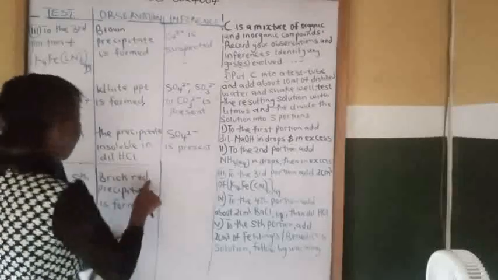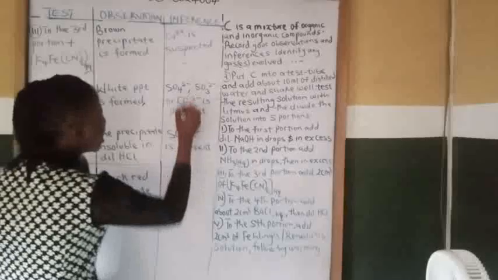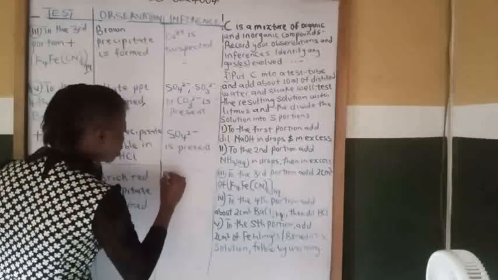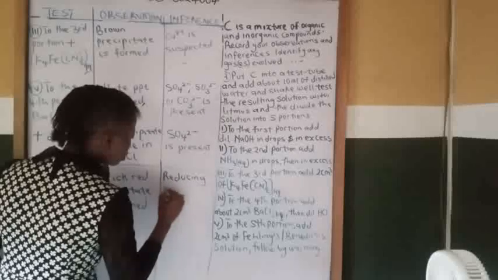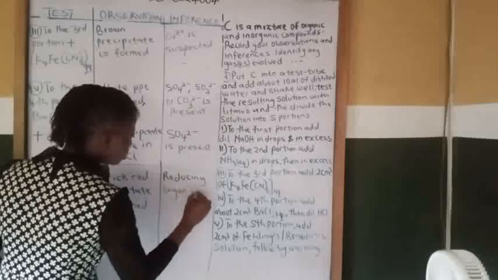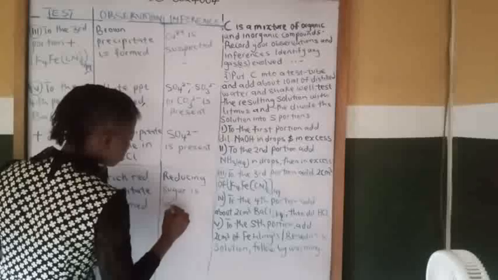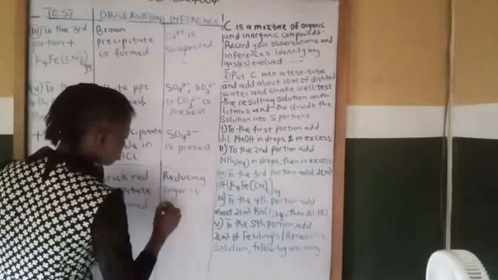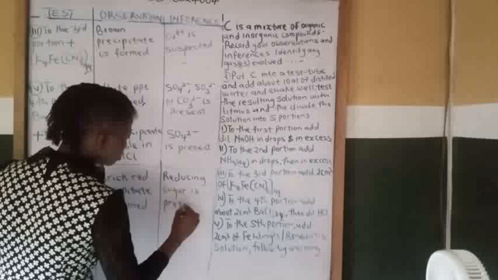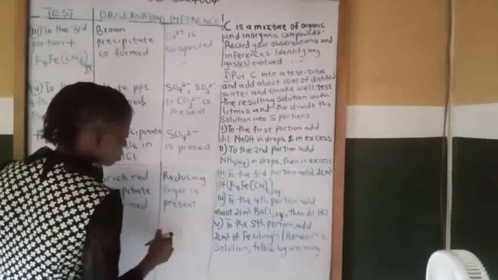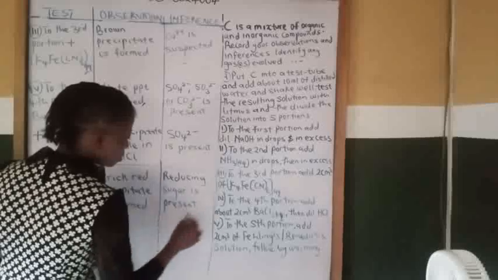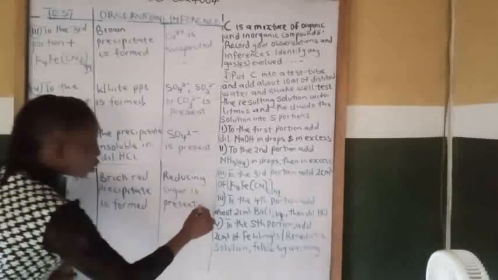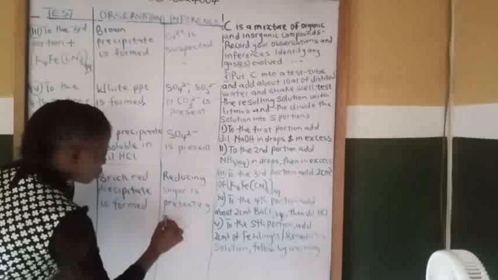Brick red precipitate is formed. So what are we testing for? We use Fehling solution to test for what? For reducing sugar. So therefore, our inference will be: reducing sugar is present, e.g. glucose.